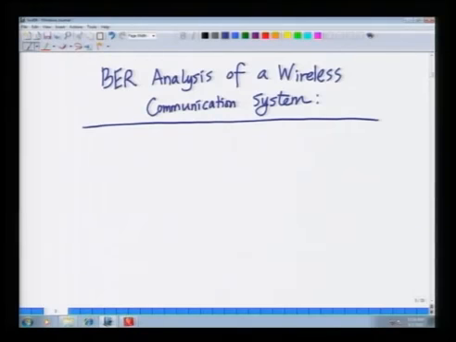We said previously that a wireless communication system model can be represented as follows, that is y equals h x plus n. We said x is the transmitted symbol, n is the noise at the receiver.